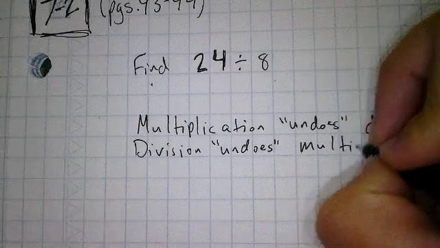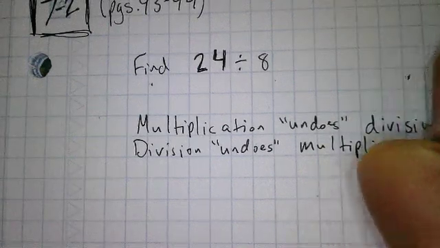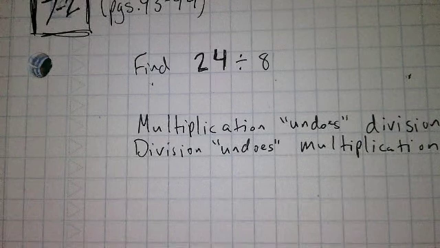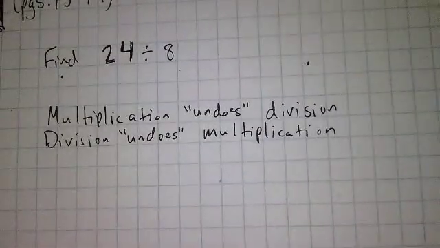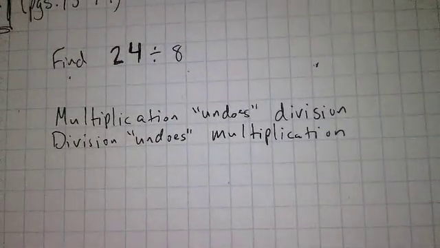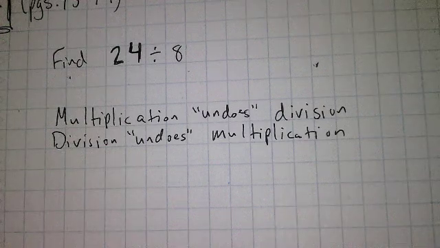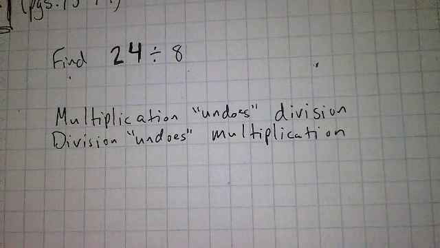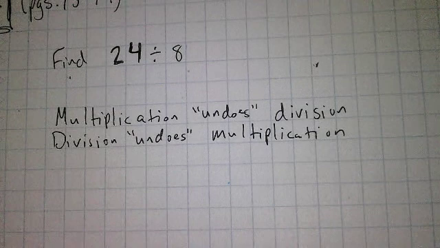They work back and forth, right? Just like addition is the opposite of subtraction, and subtraction is the opposite of addition. Multiplication and division are the same way. They're kind of opposites of each other. They undo each other, okay?